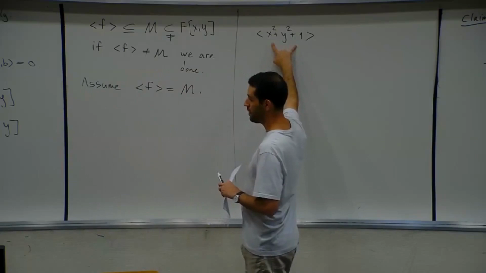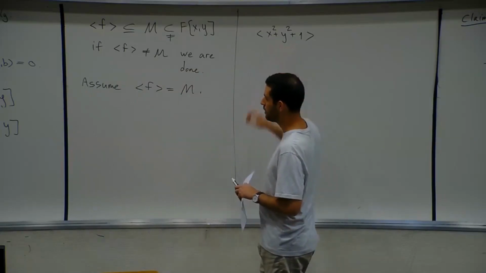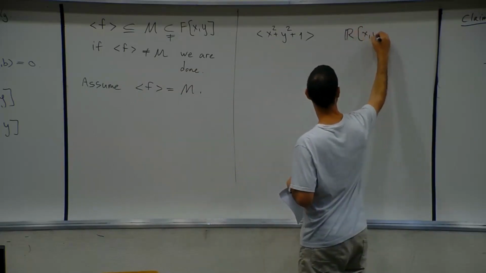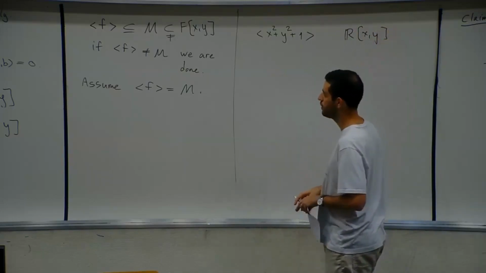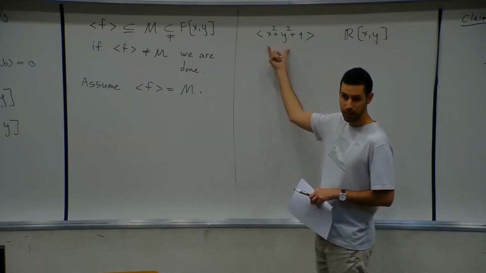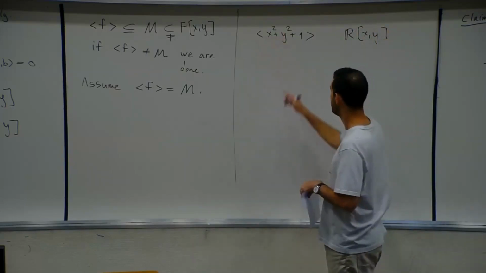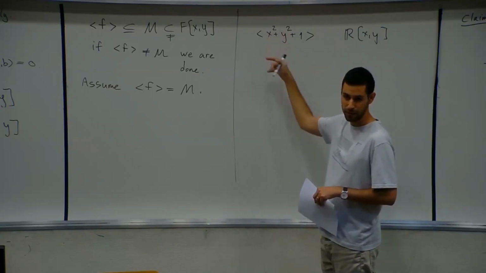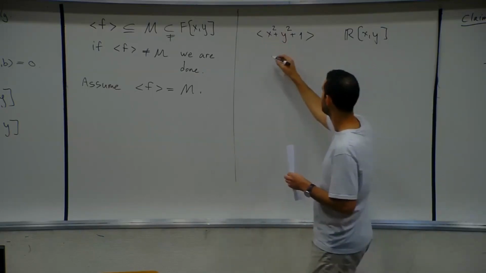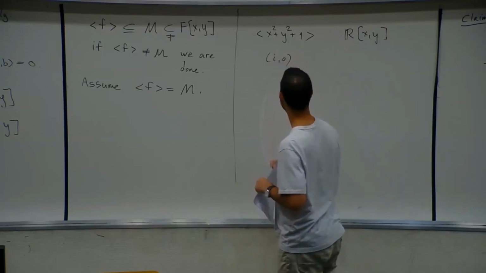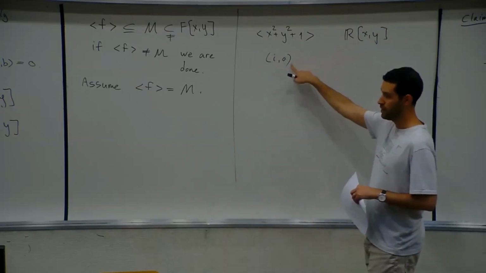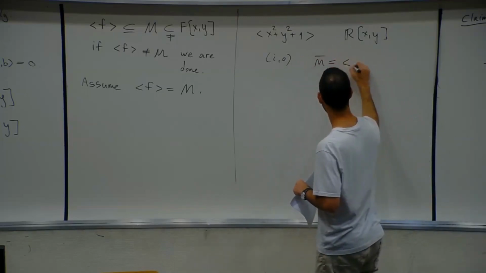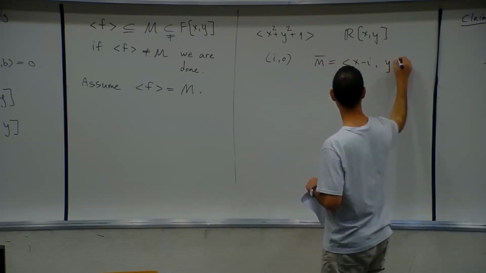So suppose this is f, then in R[x, y] we just need to find the point (a, b) on which it is 0 when we substitute. Exactly, and it's in C squared. So the ideal M bar will be (x minus i, y).